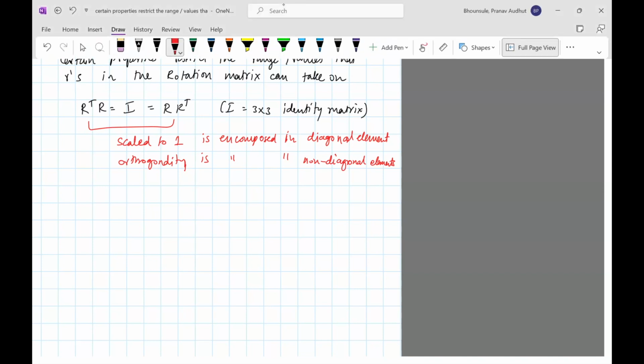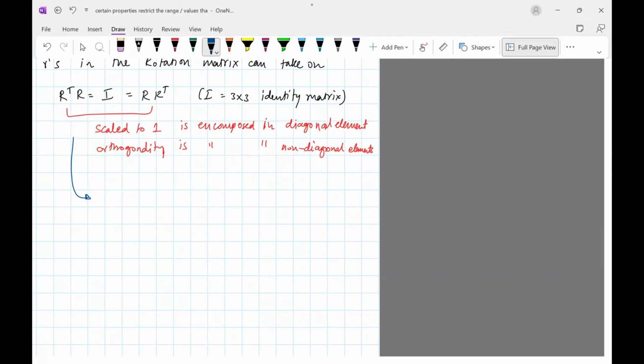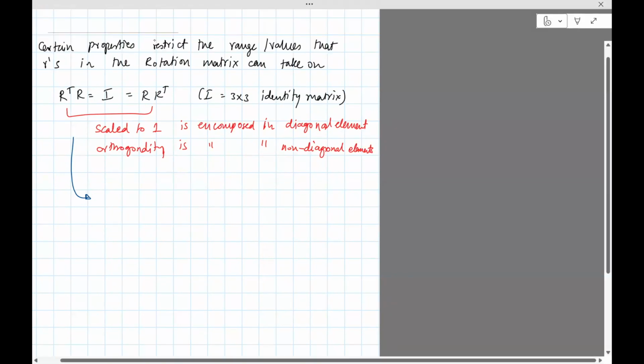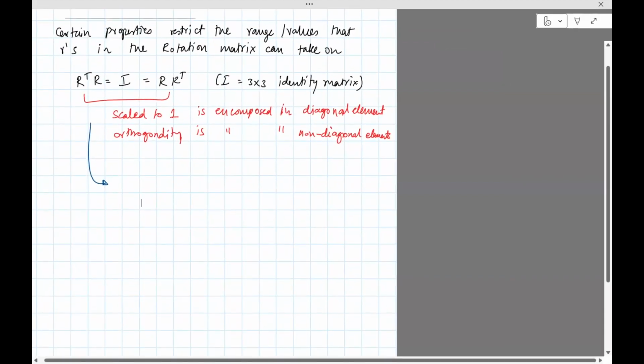Now I can expand this and write these equations as follows. So this is just taking R matrix the way I wrote it down with those R11, R12, and so on, and I get the following conditions.